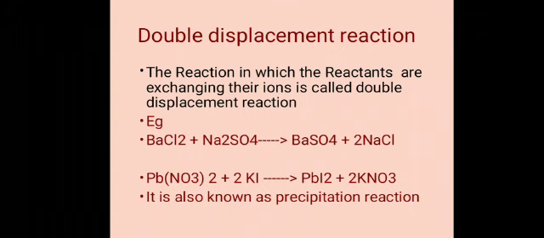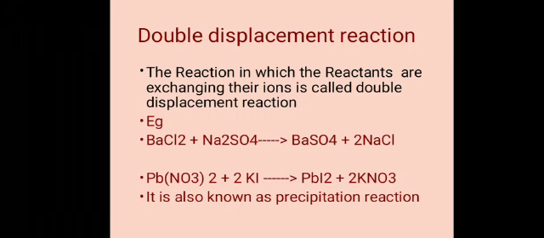For example, BaCl2 plus Na2SO4 gives BaSO4 plus 2NaCl. Here barium chloride, BaCl2, is a solid substance, so we have to dissolve it in water to prepare its aqueous solution. Like that, Na2SO4, sodium sulfate, is also a solid substance, so we dissolve it in water to get its aqueous solution. So both these aqueous solutions we mix. As a result, these reactants split into ions.